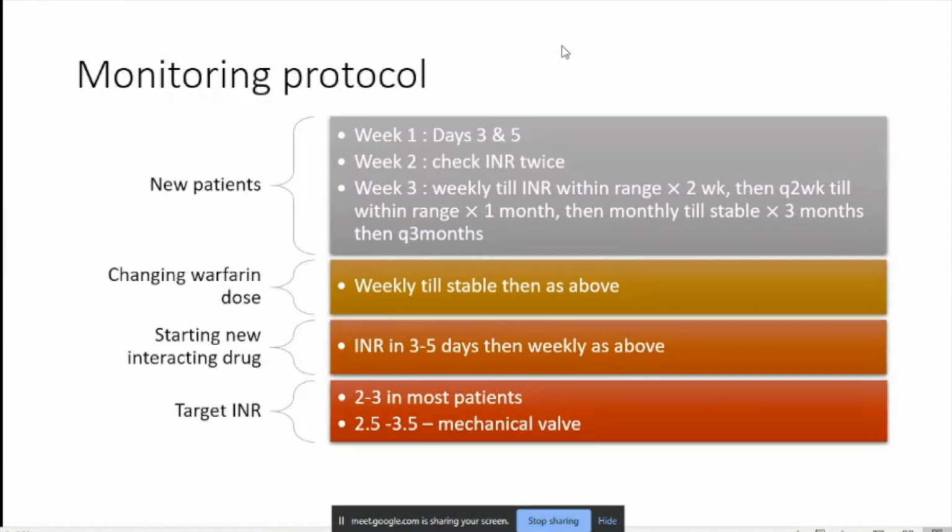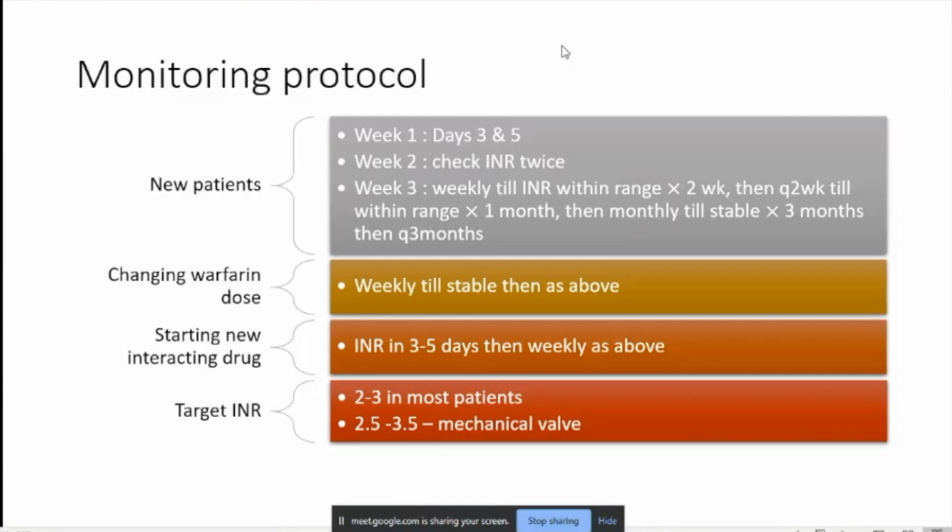Now let's have a look at the monitoring protocol for the patient. As we all know, INR should be monitored after initiating warfarin therapy, or if we change the warfarin dose, or if we are starting or discontinuing an interacting drug. So these are the three situations where we have to monitor the INR. For new patients, when we initiate warfarin therapy, we have to monitor the INR.